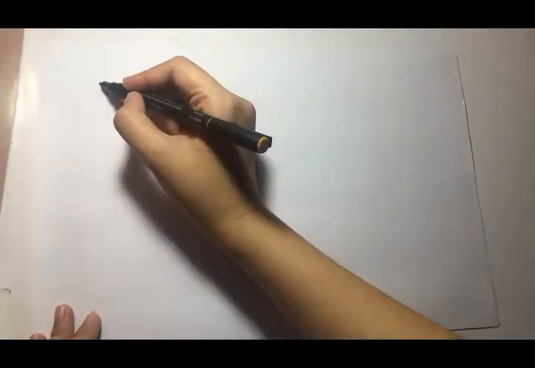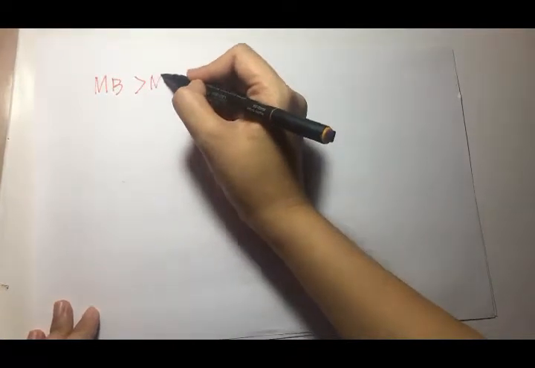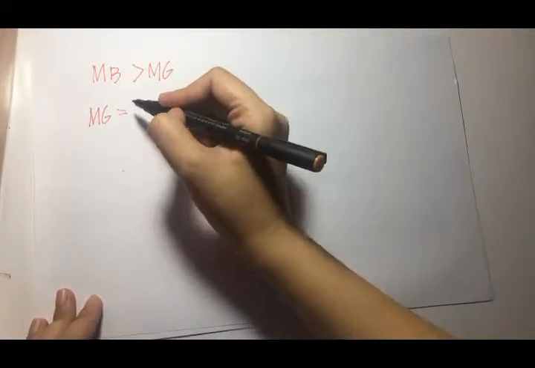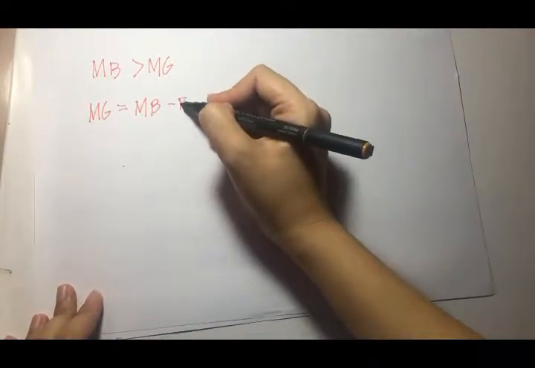So, to know if our figure or our object is stable, MB must be greater than our BG. So, let's solve for our MG. MG is just equal to MB minus BG.